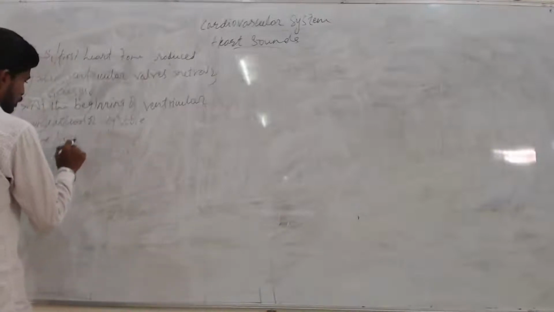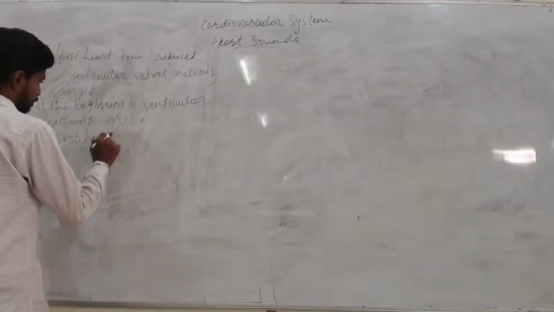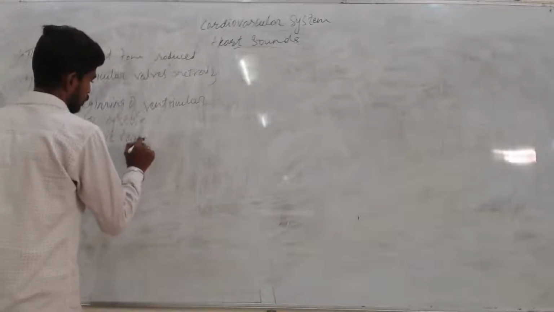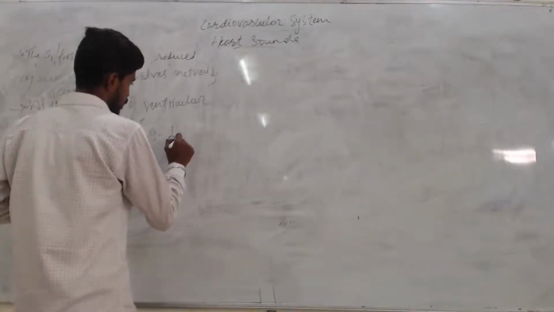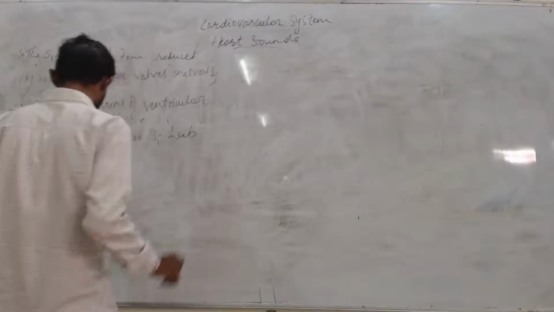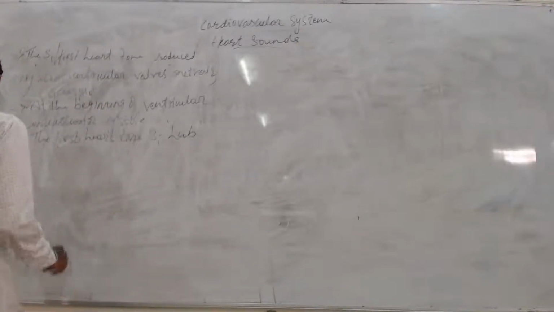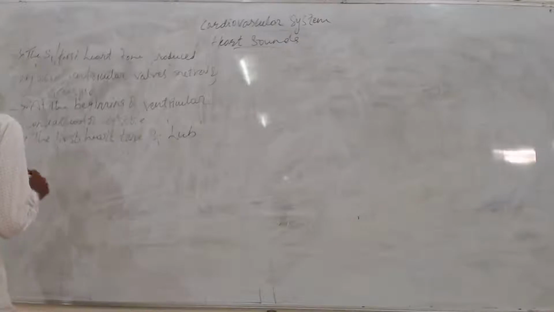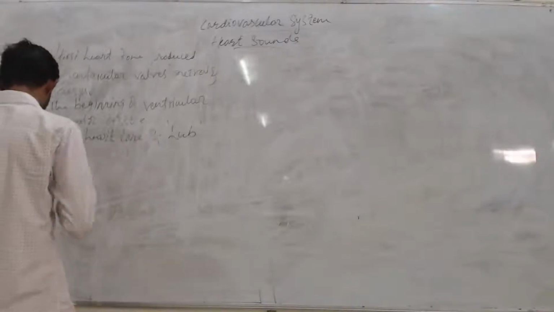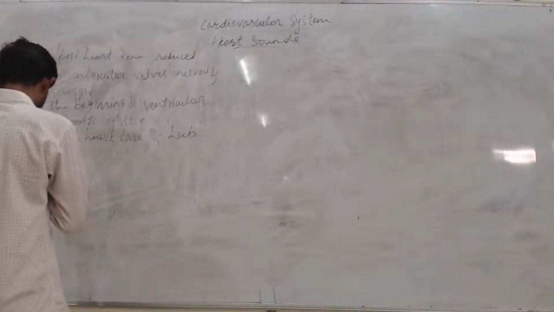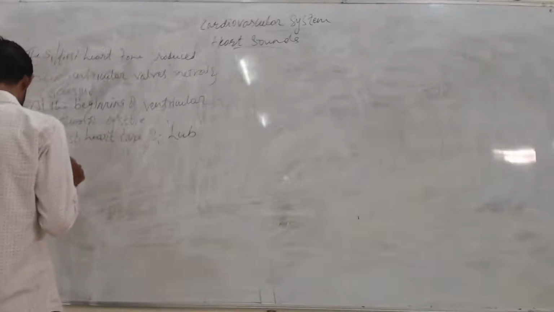First heart tone S1 is lub, and when pressure in the ventricles rises above the pressure in the atria, these valves close to prevent regurgitation of blood from the ventricles into the atria.